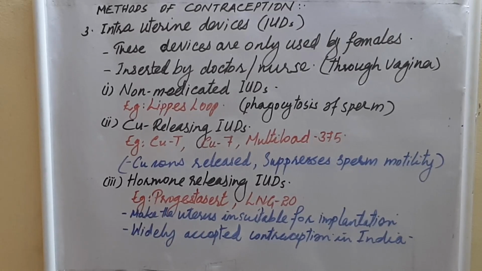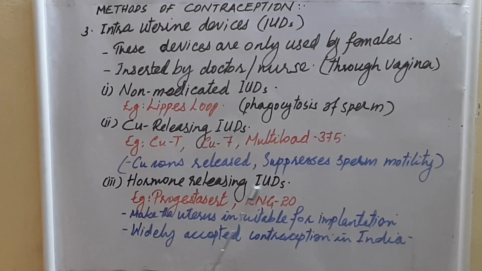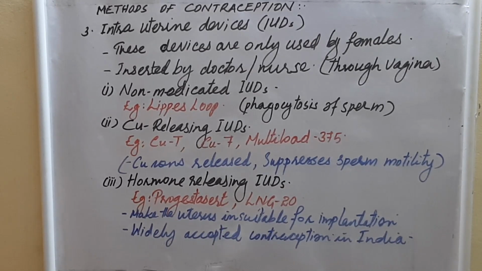And the third type is the hormone releasing IUDs. Examples, progestasert, LNG20. They make the uterus unsuitable for implantation and change the quality of the cervical mucus.